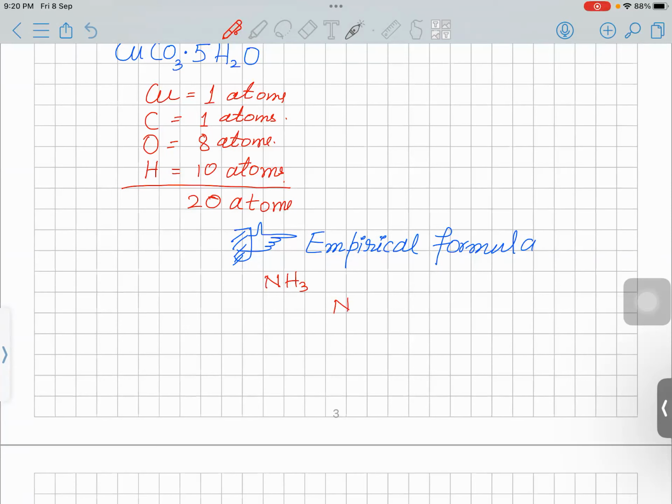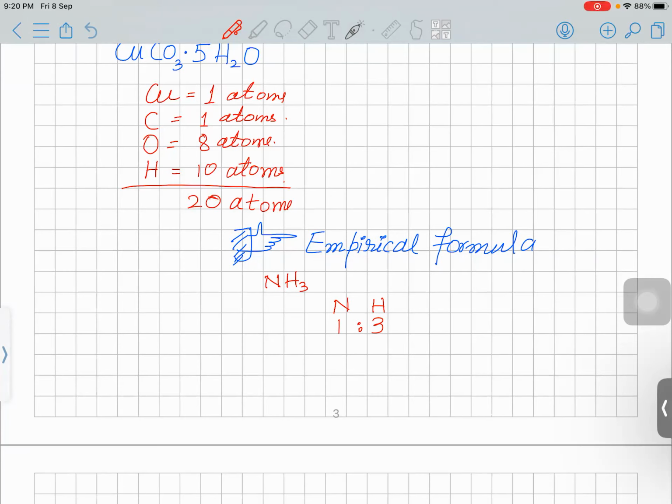Ammonia has two elements, nitrogen and hydrogen. And the ratio between nitrogen and hydrogen is 1:3. Are you getting my point or not?